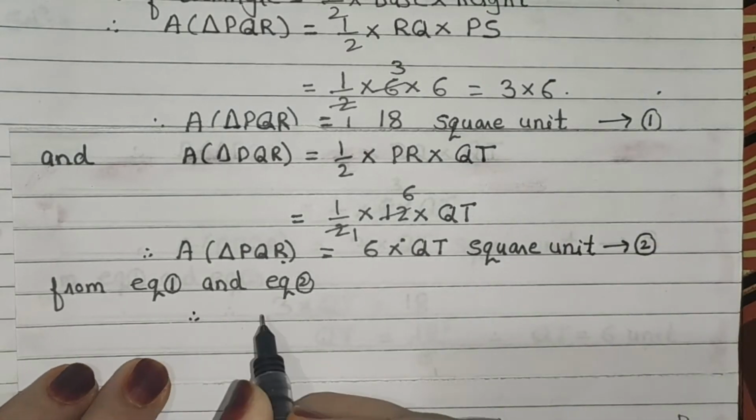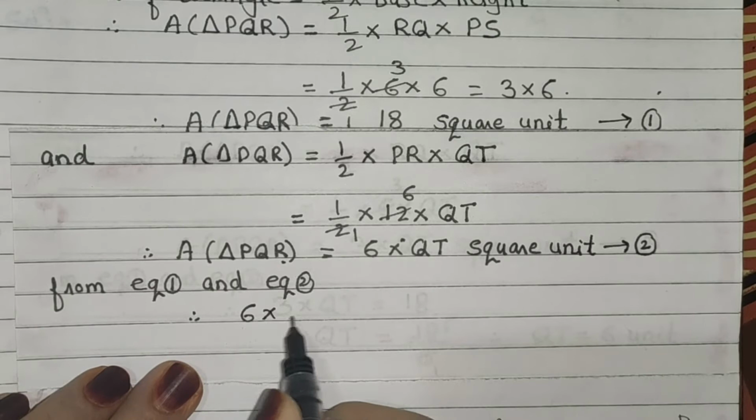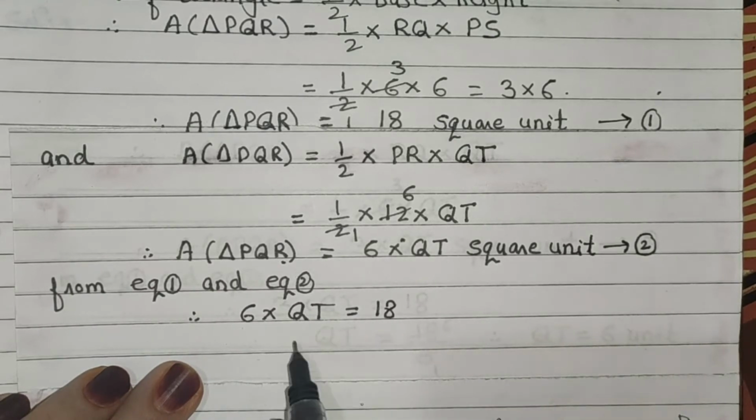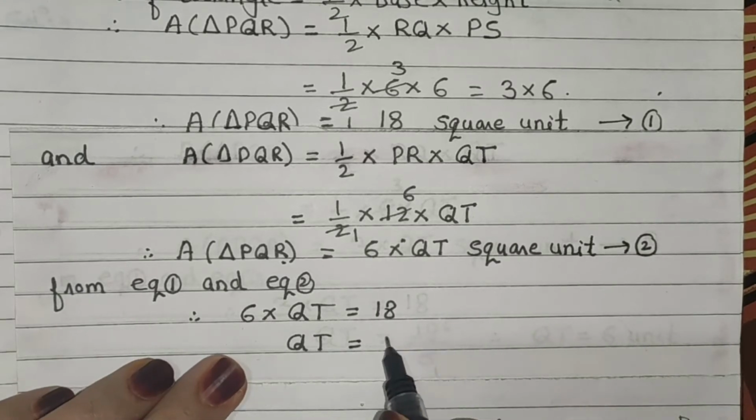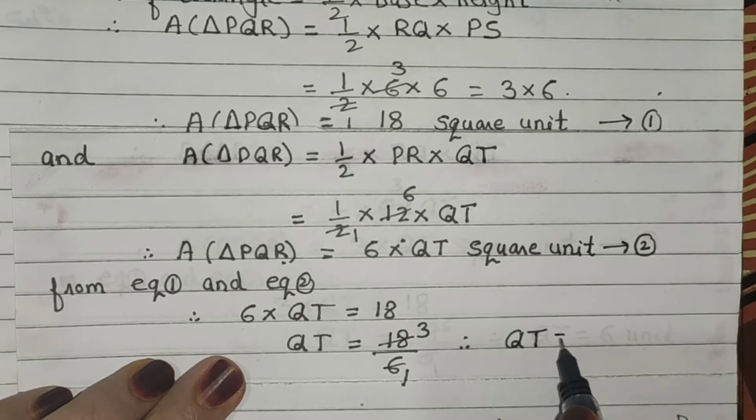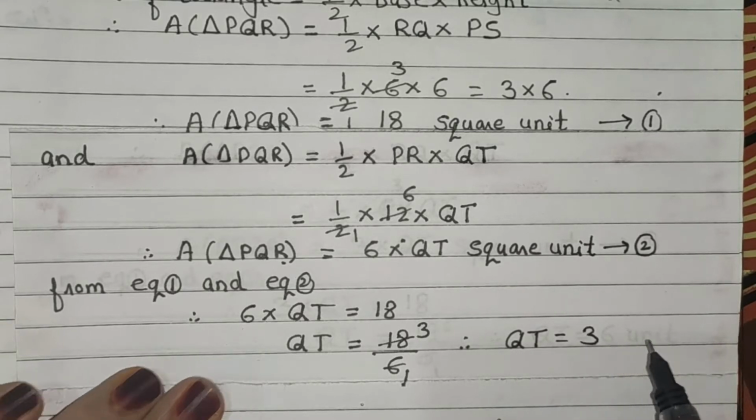Therefore, write down here 6 into QT is equal to 18. Now dividing by 6 on both sides, we get QT is equal to 18 upon 6. Now cancel it, 6 ones are 6, threes are 18. Therefore, QT is equal to 3.